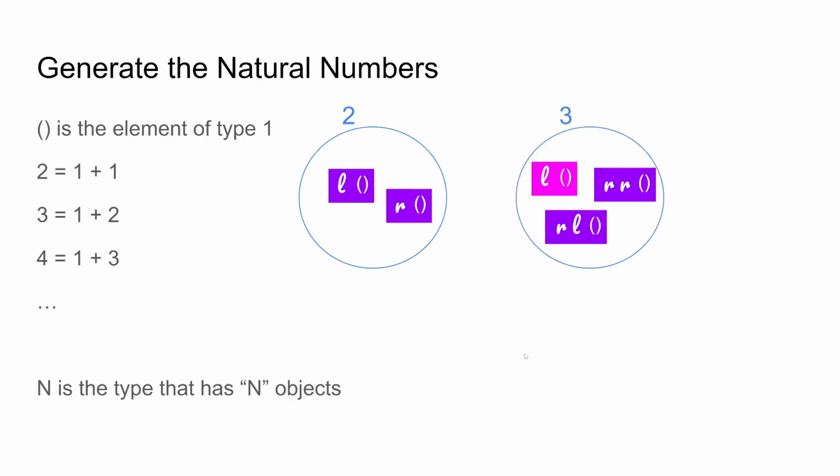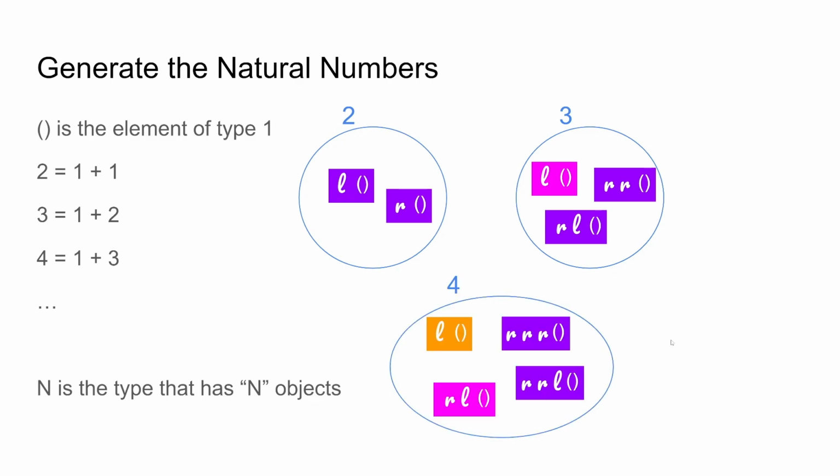And for 3, you add a new element, L of unit, and keep all the elements from 2, and prepend R in front of all of these elements. This leaves us with one new element, the pink one here, and 2 old elements, resulting in a set of 3 different elements.